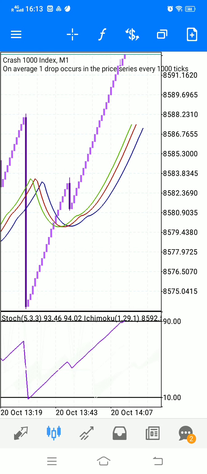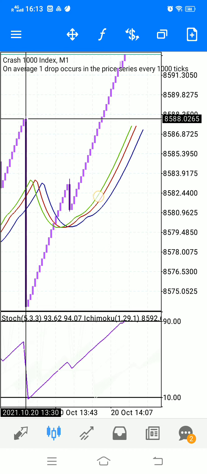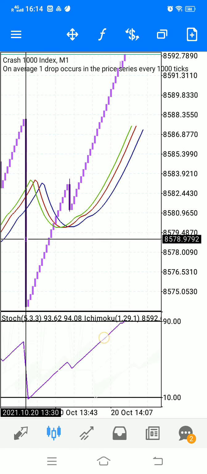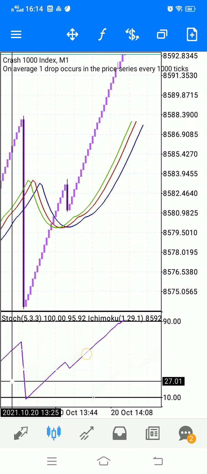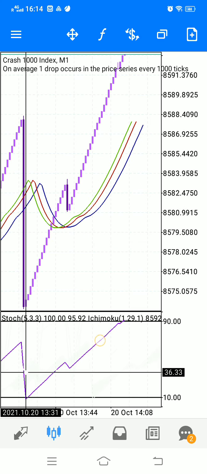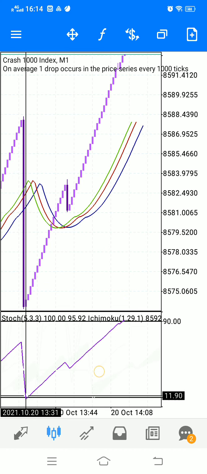Okay, so now we're going to look at the strategy itself. This is a scalping strategy. Just looking at it, I think you guys know already what should be done. First things first, you just need 2 confirmations. When a spike happens, all you need is your Ichimoku over here in indicator window 1 to be at level 10.